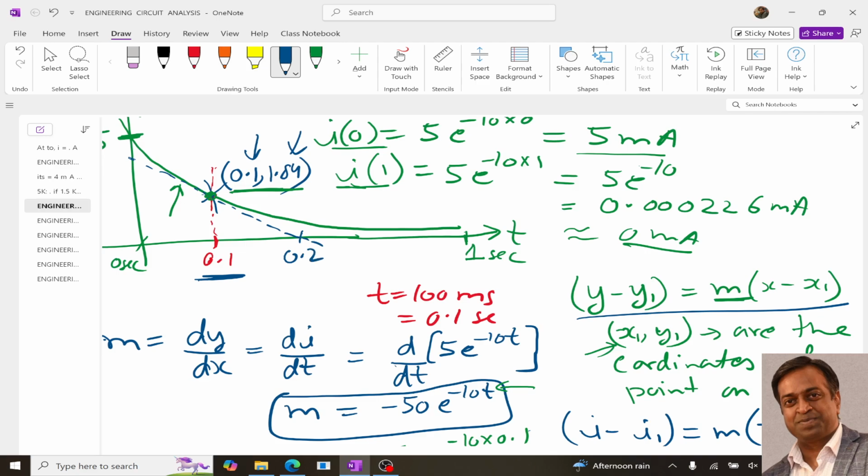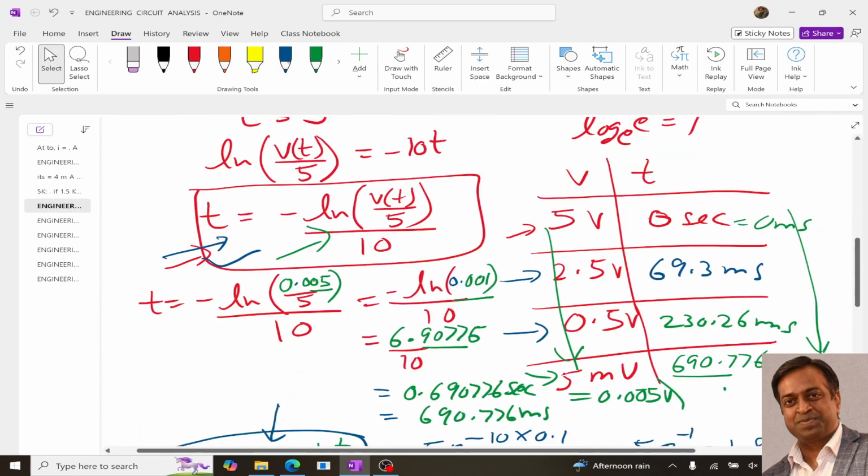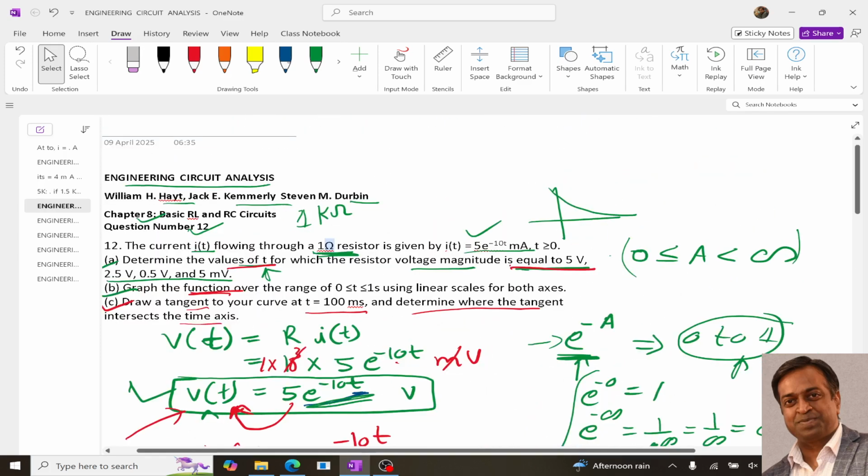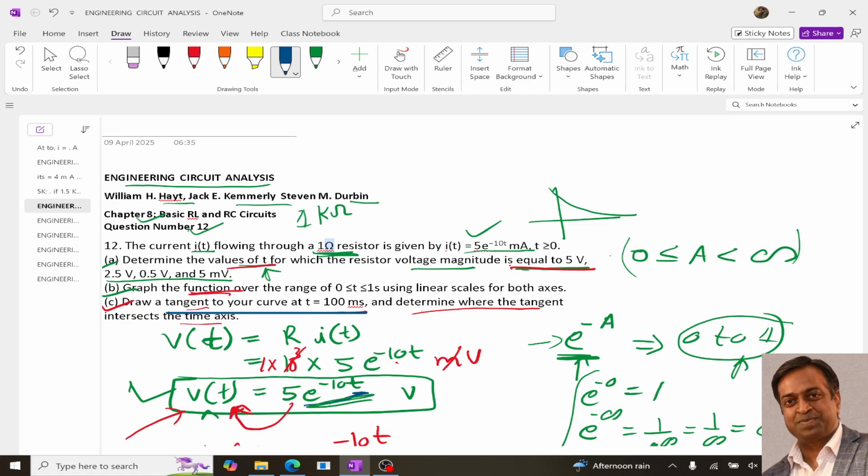So this is the answer to the third part of the question, where we need to draw the tangent at t equals 100 milliseconds, and then determine where the tangent intersects the time axis, right?